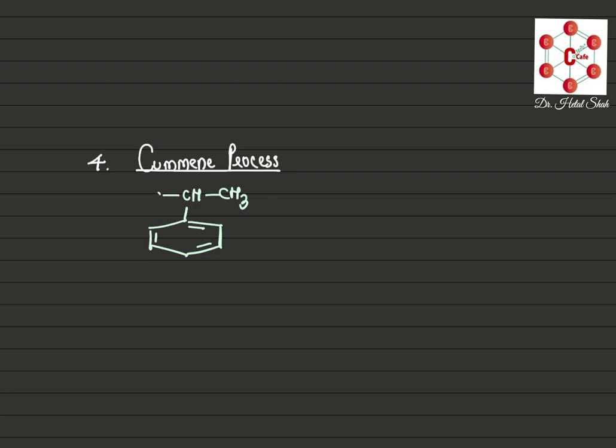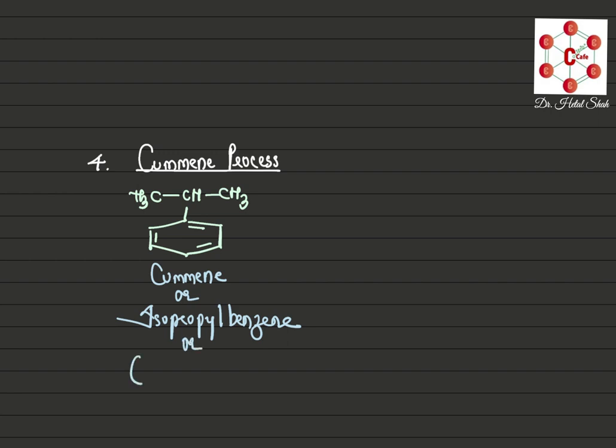CH3, CH3. This can be called cumin or isopropyl benzene or, in brackets, this is 1 and this is 2, so it is 1 methyl ethyl.